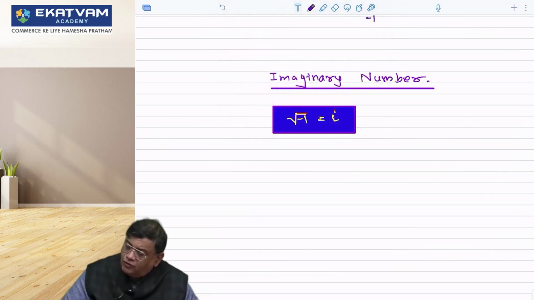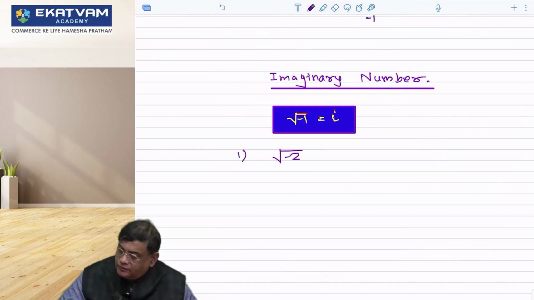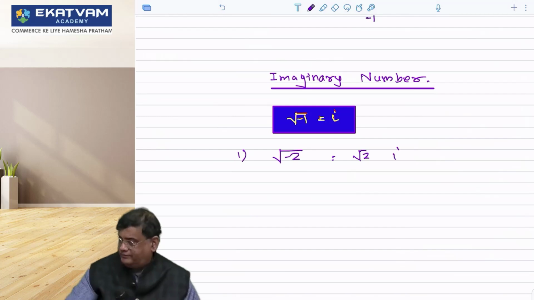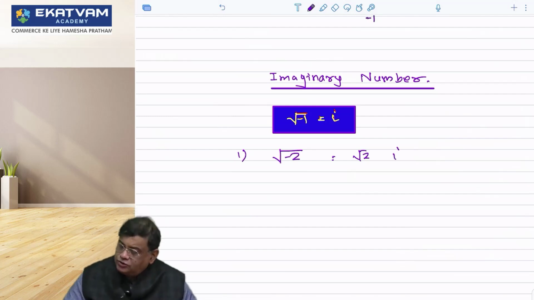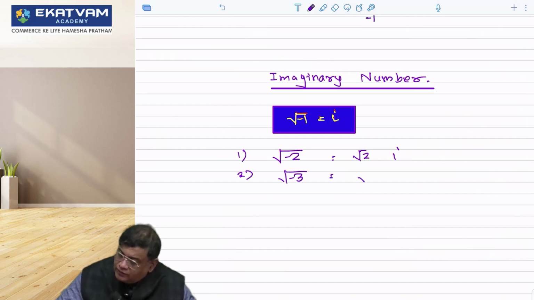then tell me what will be root of -2. That will be root 2i. What will be root of minus 3? Will be root 3i. What will be root of minus 4? It will be 2i.